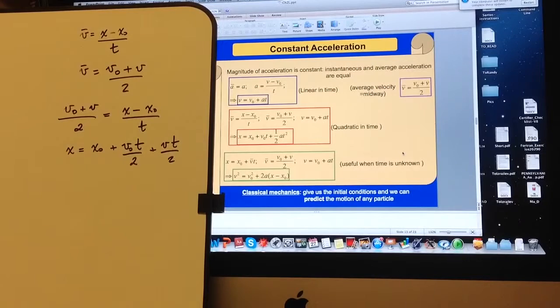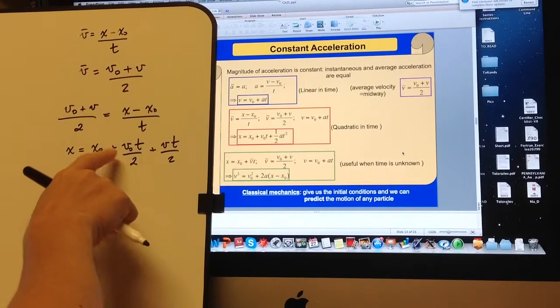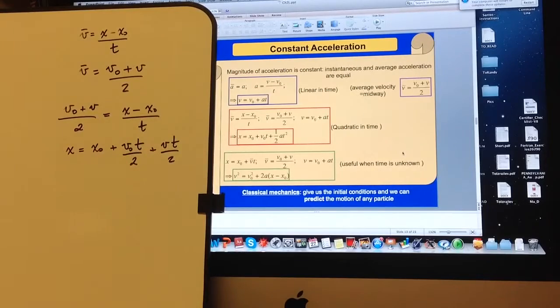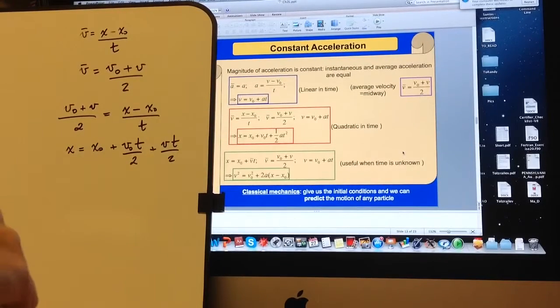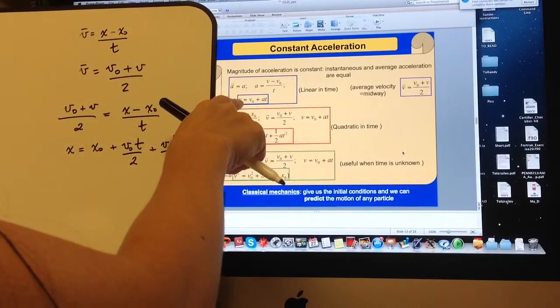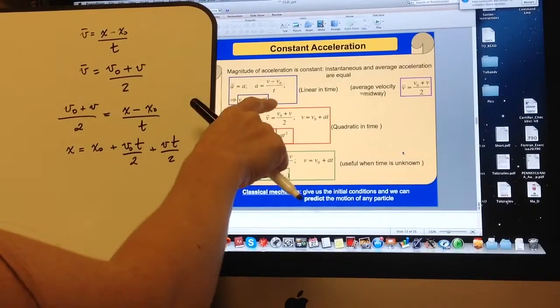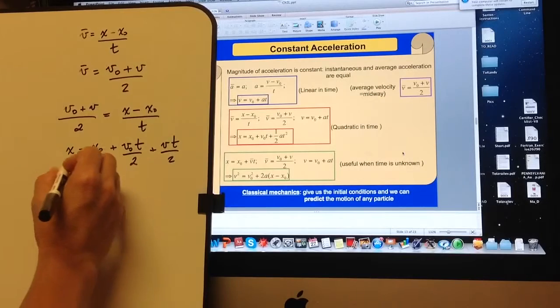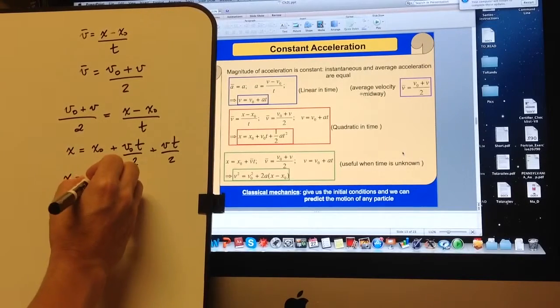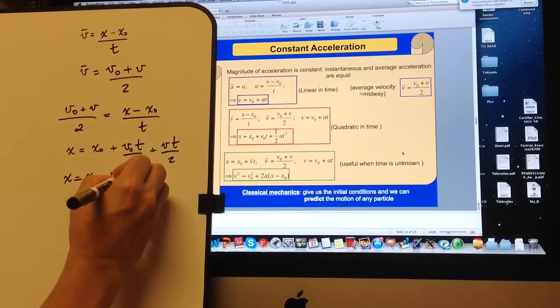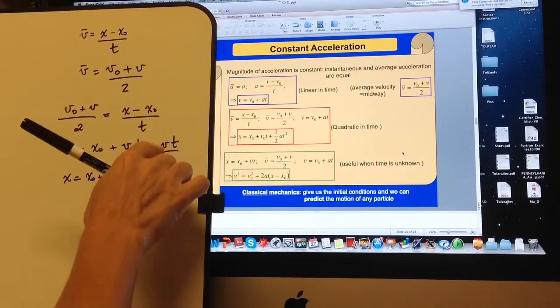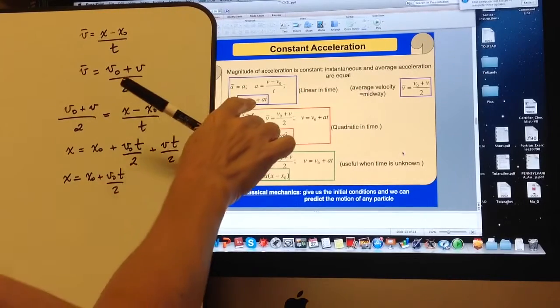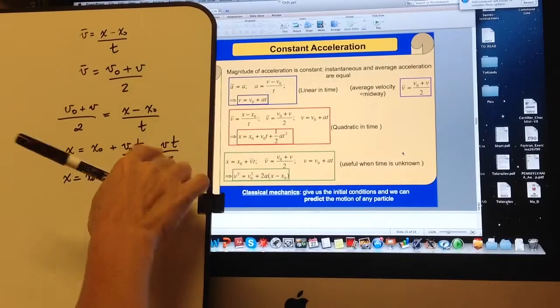That's not all. Here I have an equation that involves the initial position, the initial velocity, and the final velocity. Well, we just found an equation for the final velocity together with the acceleration. So I'm going to continue with this. x equals x naught plus v naught t over 2, and now instead of the final velocity, I'm going to put this equation here.